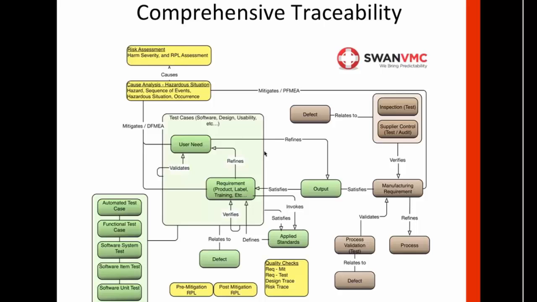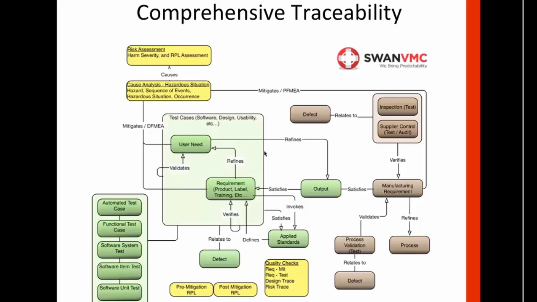And two of the most common ways to do that are with the DFMEA, which is the Design Failure Mode Effect Analysis, and then the PFMEA, the Process Failure Mode Effect Analysis. And so you can see that as we identify these hazardous situations, what we're going to do is tie our requirements and design inputs and the manufacturing requirements into the hazardous situations directly as mitigations.